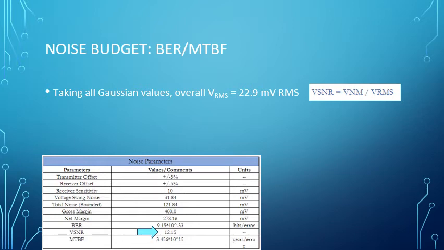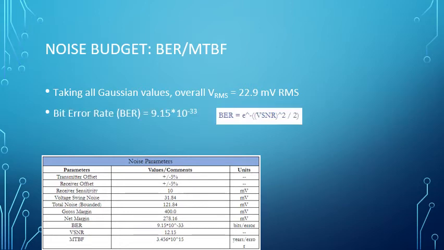You can then take this a step further to find the signal to noise ratio voltage, which is the net margin voltage all over the root mean square voltage. That would then result in a value of 12.15, given here by the table. Plugging this into the bit error rate equation, we get a value of 9.15 times 10 to the negative 33.